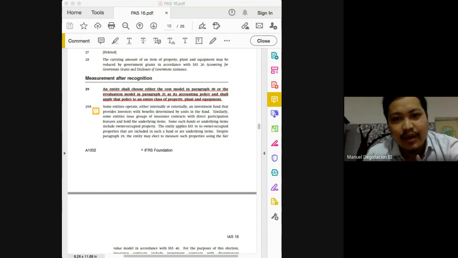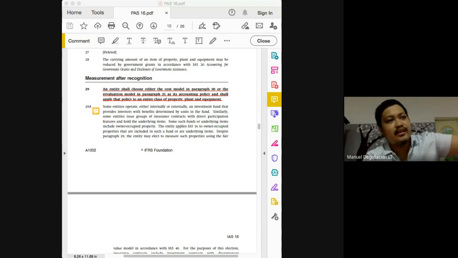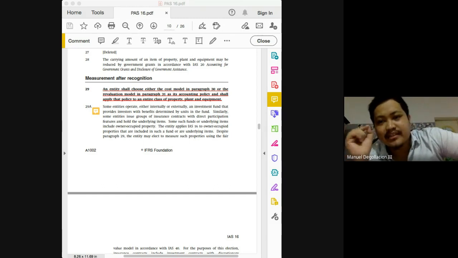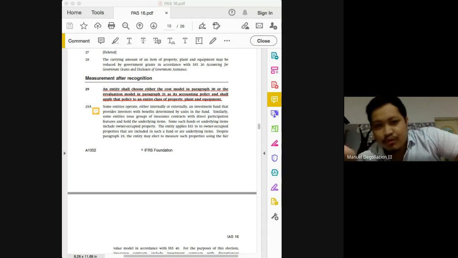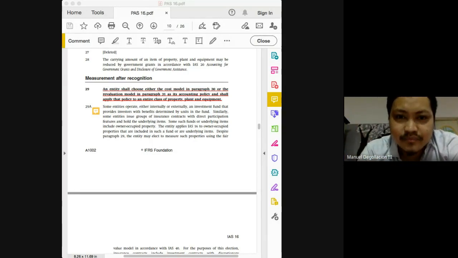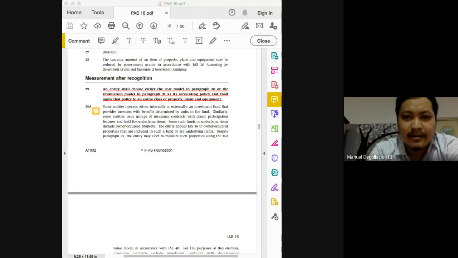So again, our takeaway here is that if you are given, class, a list of accounts, a list of items, and you are asked to identify, is PAS 16 applicable to this item? Okay? Or if you are asked, compute for the total amount for which PAS 16 is applicable. So basically, paragraph 29A tells us that all the funds being mentioned here are governed by PAS 16 because they are considered owner-occupied property. Okay.